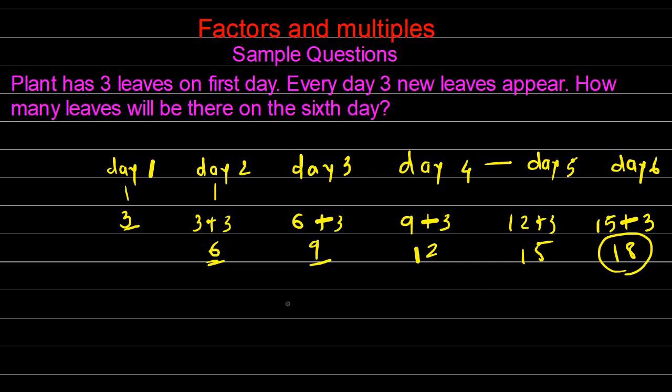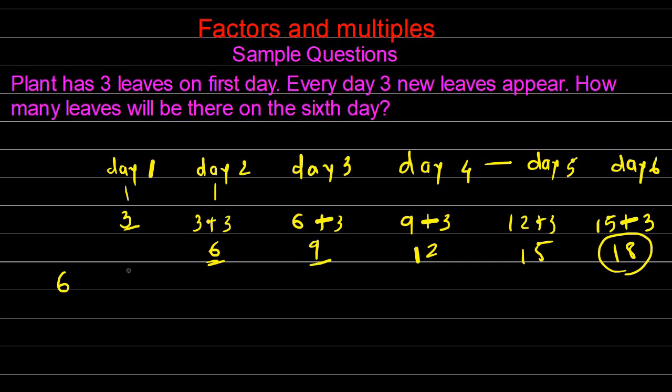But this is so long. What if they ask you to find out for any number, for example, if the plant gets 6 leaves every day, right? So in 12 days or maybe 8 days, how many leaves will be there?